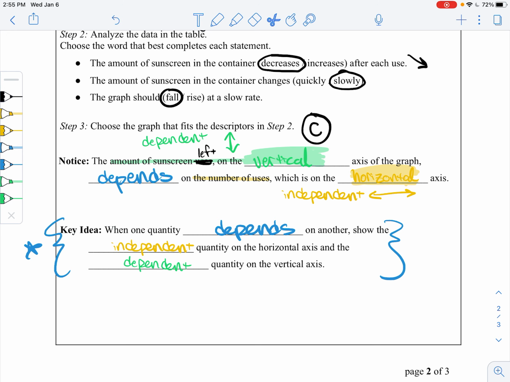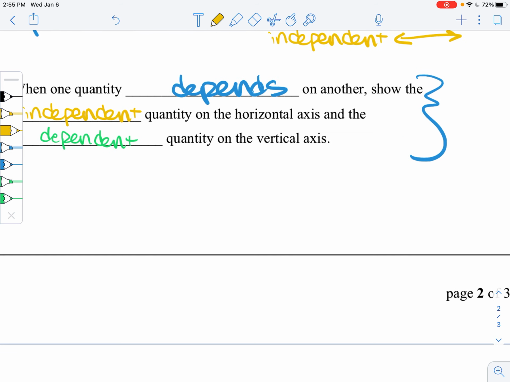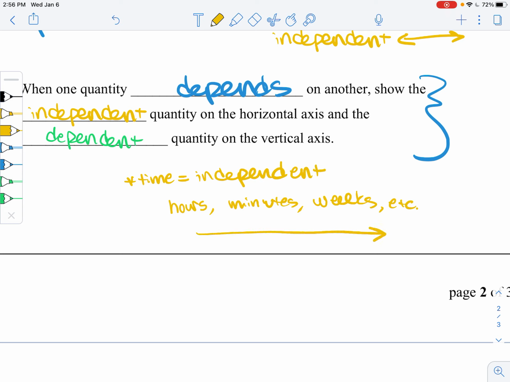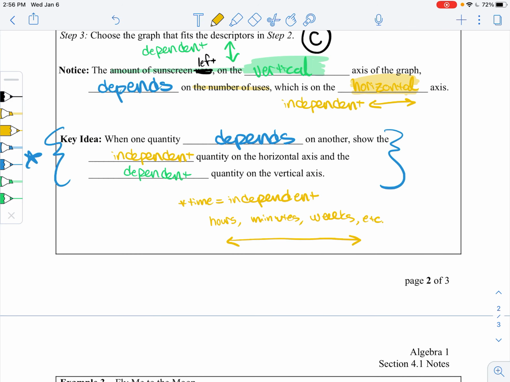Also, just a note, time is almost always going to be independent because a lot of things depend on time, but time just keeps going no matter what. So if you have a problem that deals with hours or minutes or weeks or days, put it on your horizontal axis, your x-axis, most of the time.